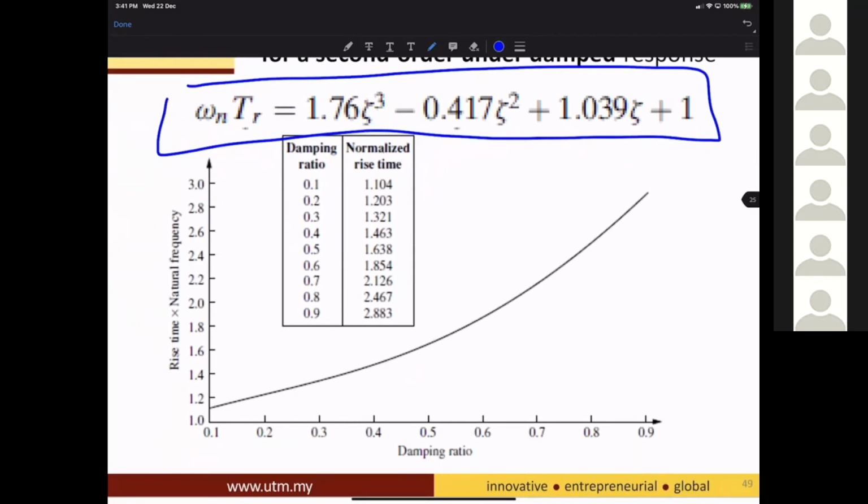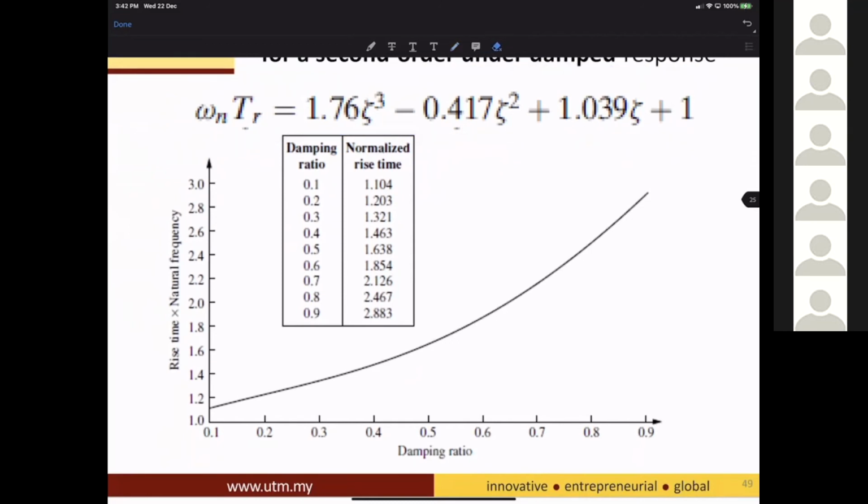Okay. Aisha Shahira. Yes, Prof. Can you give me the equation of this curve? Equation, yeah.